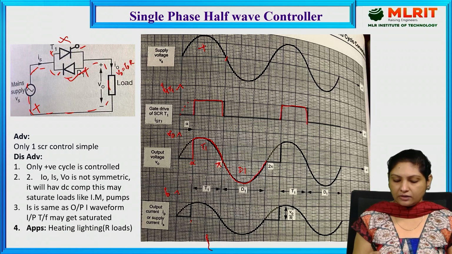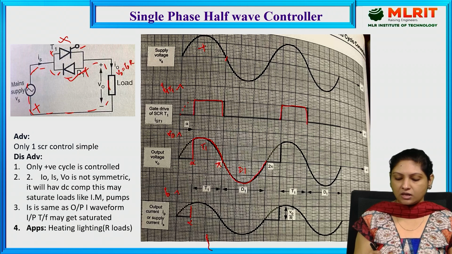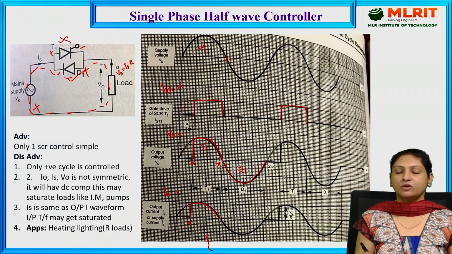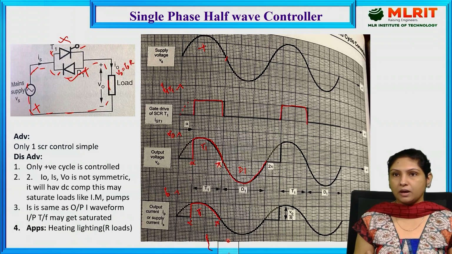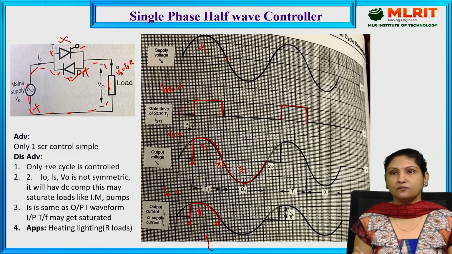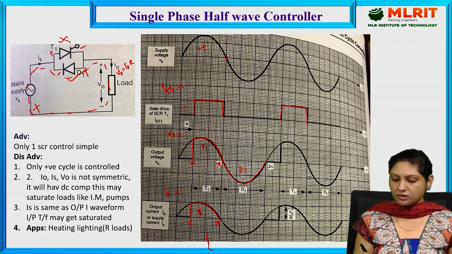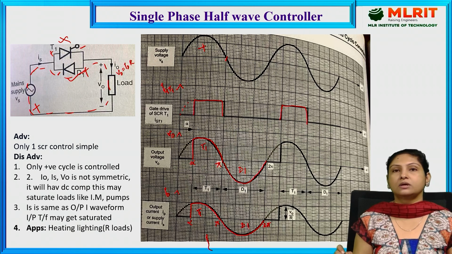Right from this instant called alpha, thyristor 1 is conducting. That is how we get the load current till pi due to T1, and the moment it reaches pi, D1 is forward biased, and D1 conducts current from pi to 2 pi, and this is the output current due to D1.